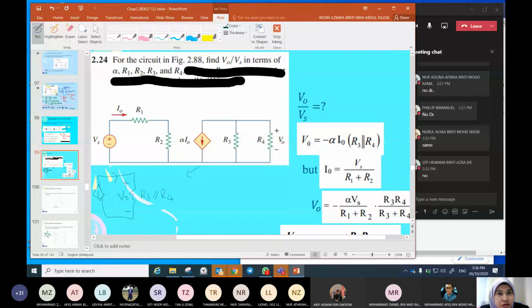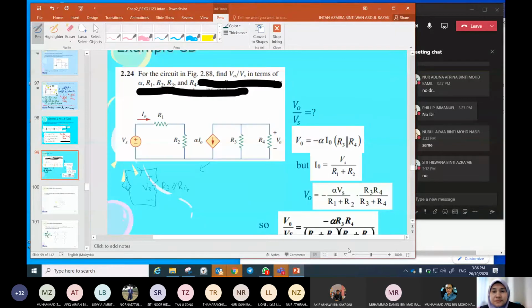And then now the question wants you to find V naught over Vs in terms of alpha, R1, R2, R3 and R4 only. But now in this V naught we have I naught. So we have to replace I naught with something else. So I naught is here. We know that I naught is equal to I is equal to V over R. Okay. So V is Vs divided with R1 plus R2. Okay. So now let's substitute I naught in this equation. V naught is equal to minus alpha I naught.